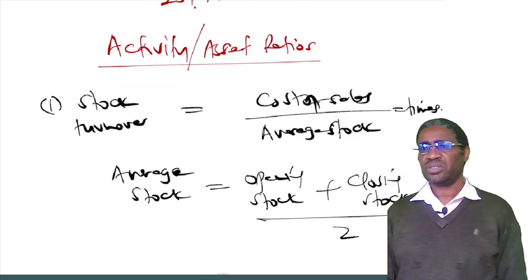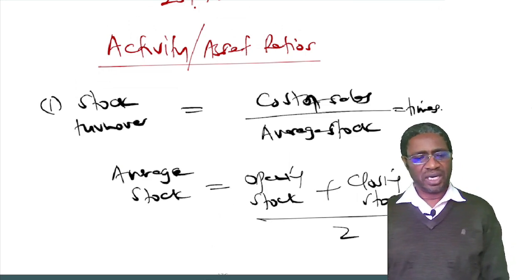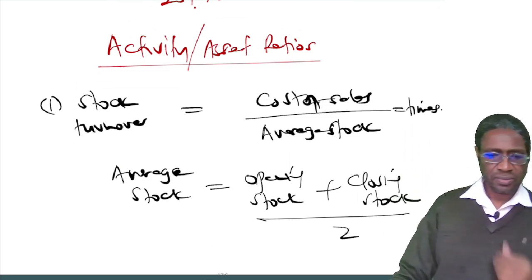Let's put down the second category now: Activity or asset ratios.